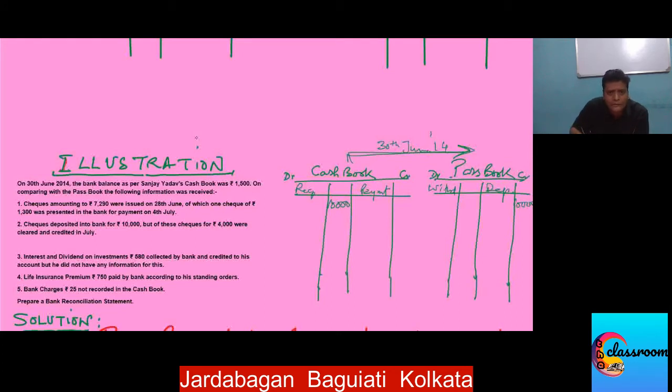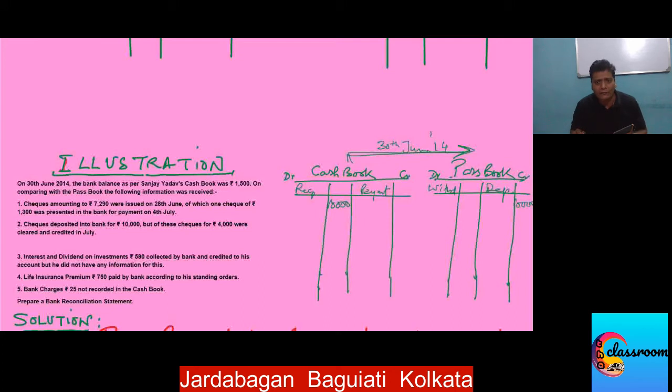Checks amounting to 7290 were issued on 20th June, of which one check for rupees 1300 was presented in the bank for payment on 4th July. It means out of checks worth rupees 7290, 1300 was presented in the bank on 4th July. It means the rest were banked on time.